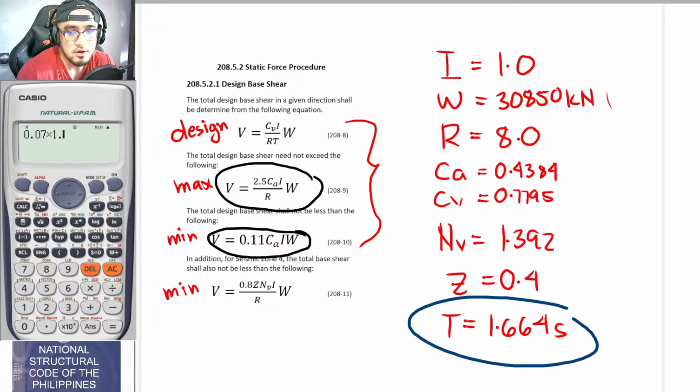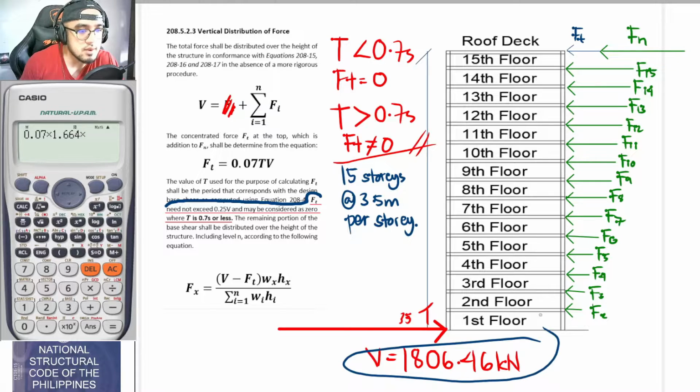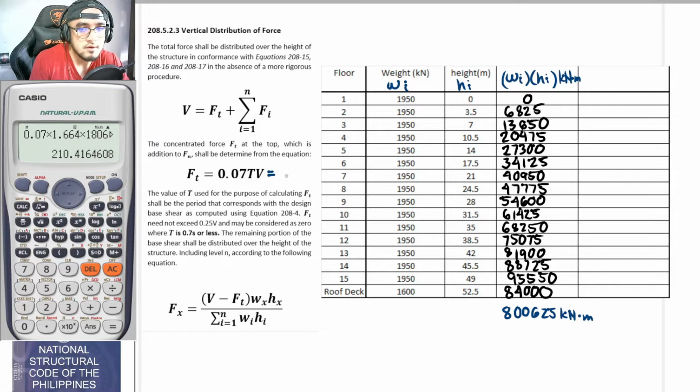So 0.07 times T times V. So what is V? That is the total base shear. 1806.46. So times 1806.46. So that is now equal to 210.416. And once again, this is the concentrated force at the top.